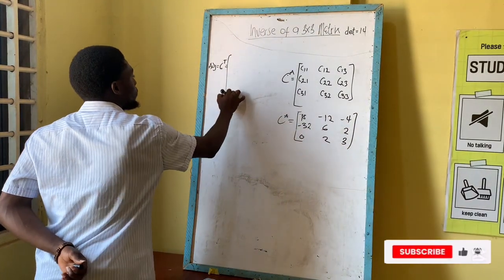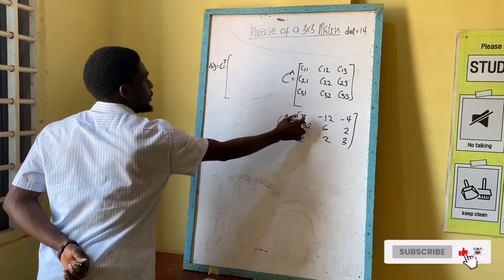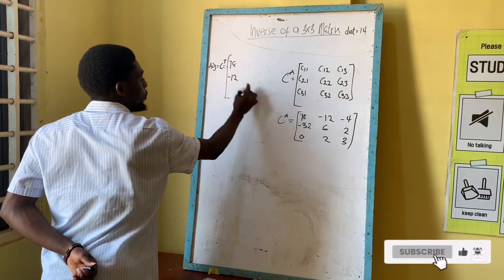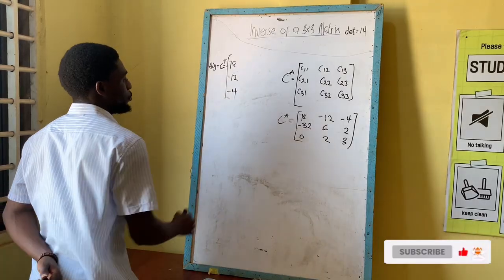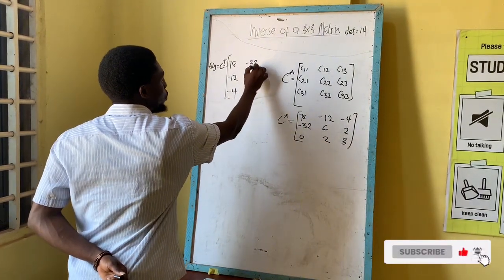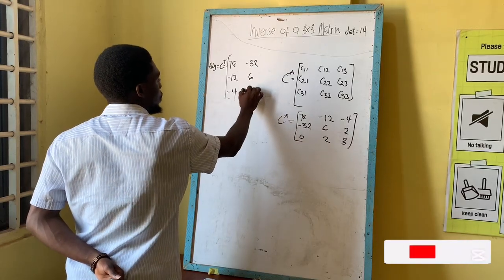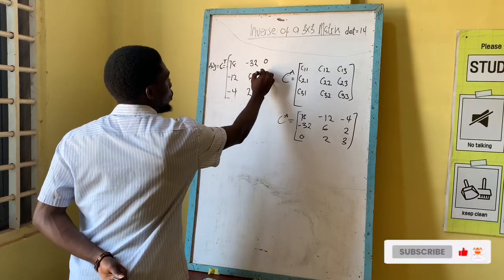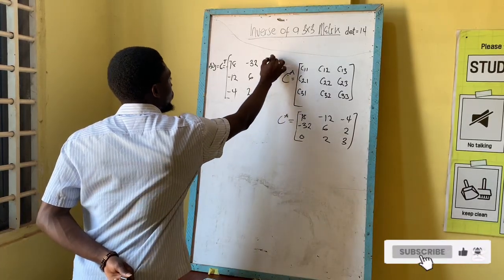So we have 78 as our first element, minus 12, minus 4. Then we have minus 32, 6, and 2. Then we have 0, 2, and 3.